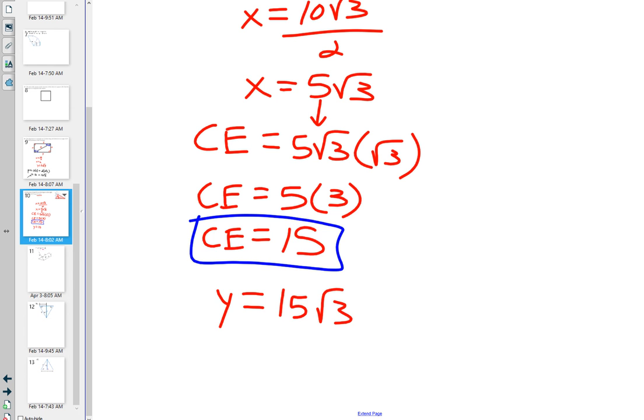Multiply by square root of 3. Nothing else can be done without rounding. Any questions on that one?